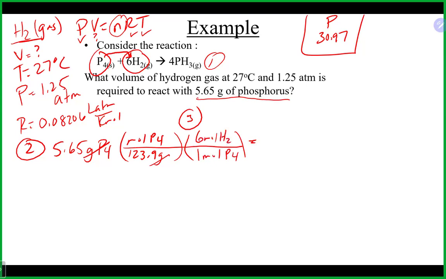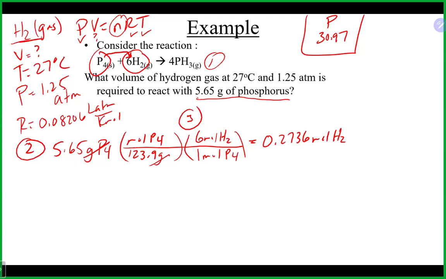Ultimately, where we want to end up here with our calculation is moles of H2, because that's the gas we're looking to figure out the volume of. We're going to divide it by 123.9. 5.65 times 6 divided by 123.9. That's going to get us 0.2736 moles of hydrogen gas in this.